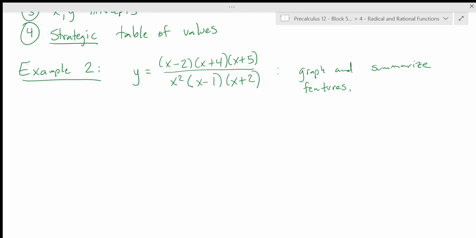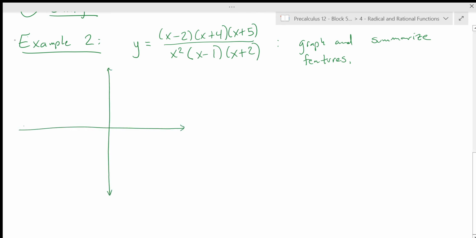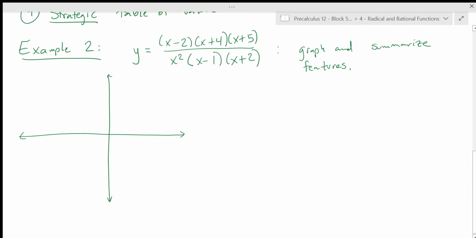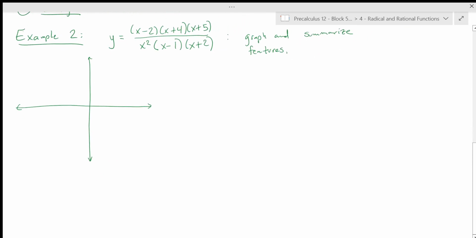Okay, so let's draw in a nice ready graph. Be prepared to maybe even zoom out just a little bit again, since I've grown how big I'm doing things. And so let's start.